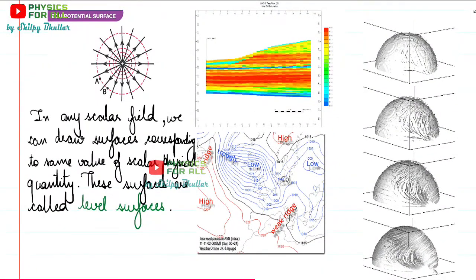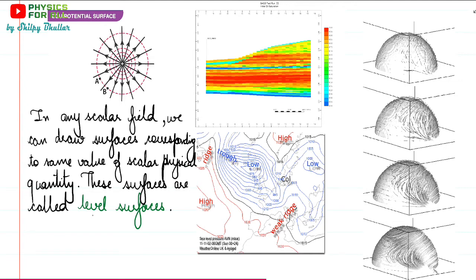Now linked with the scalar field, we define a term called level surface. Now what are these level surfaces? The definition says that in any scalar field, this is particularly for scalar fields, where the magnitude is the same in the entire region, we can draw surfaces corresponding to the same value of the scalar physical quantity.